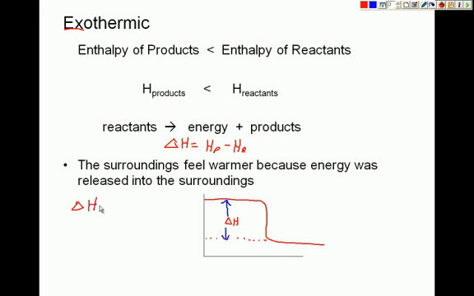Delta H is a negative number. That makes sense, because what we see is that it starts up here and goes down, and therefore delta H is going to be a negative number.